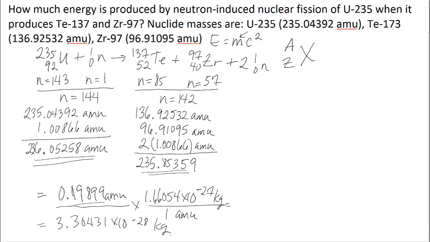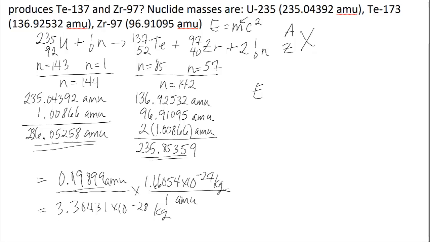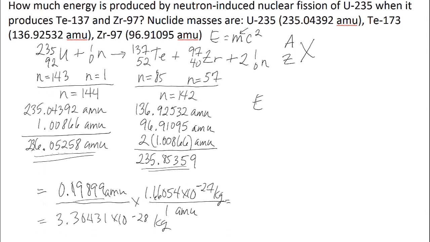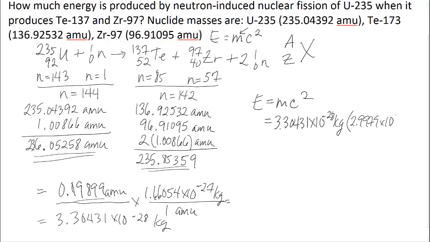So now you plug things into the E equals mc squared equation. Your mass is 3.30431 times 10 to the negative 28 kilograms, and the speed of light is 2.9979 times 10 to the 8th meters per second, and that term is squared.